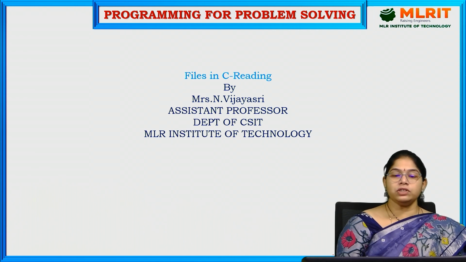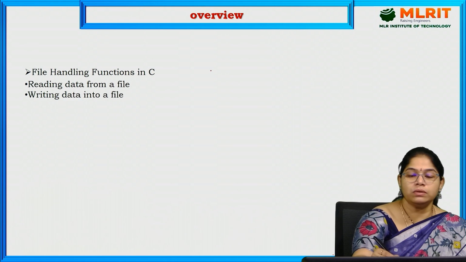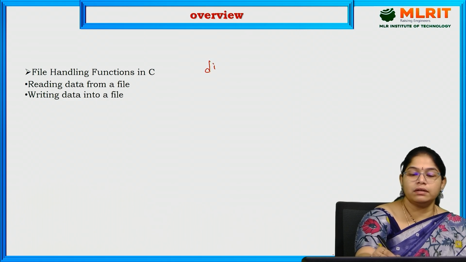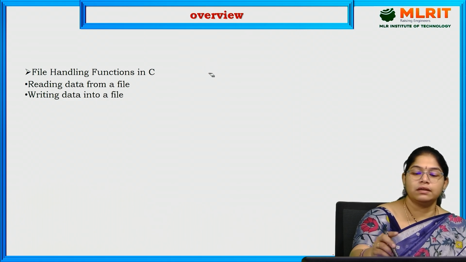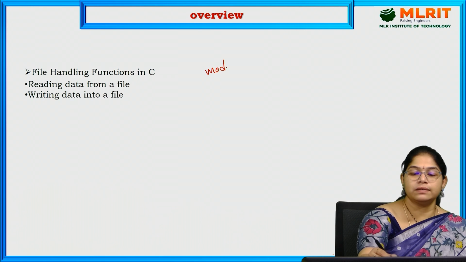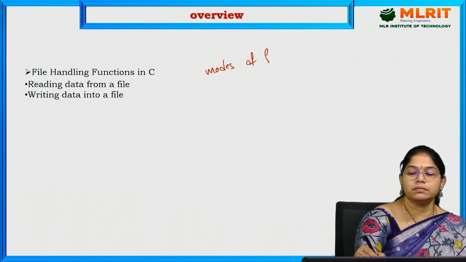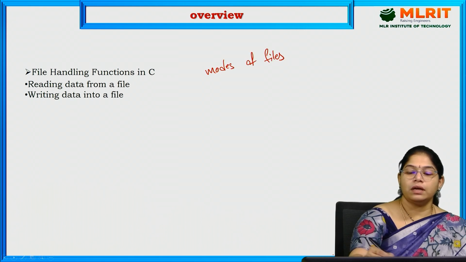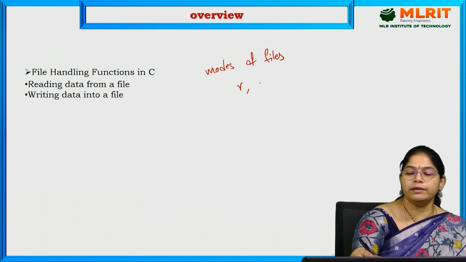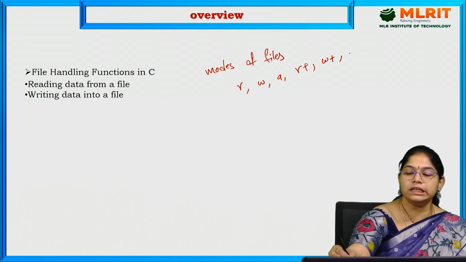In the previous session, we discussed files in C, that is, the different modes of files. The different modes are read mode, write mode, append mode, r+, w+, a+ for reading and writing.